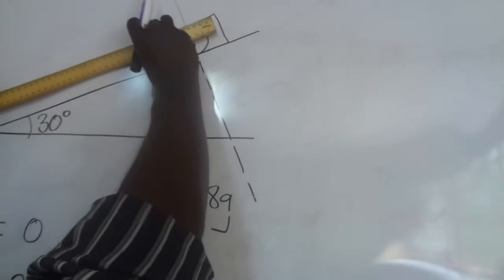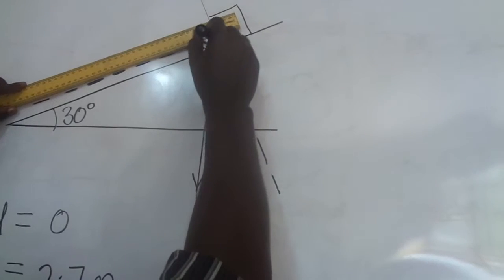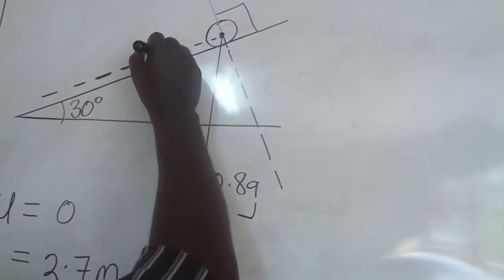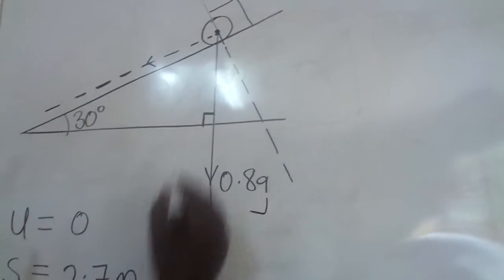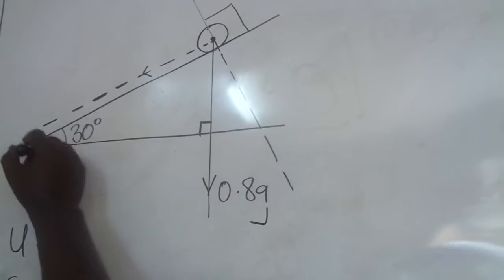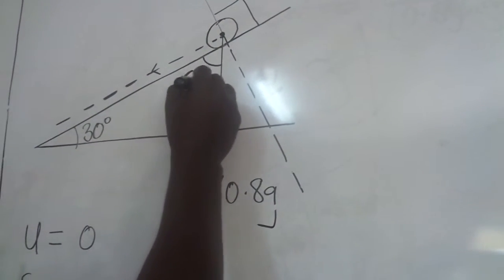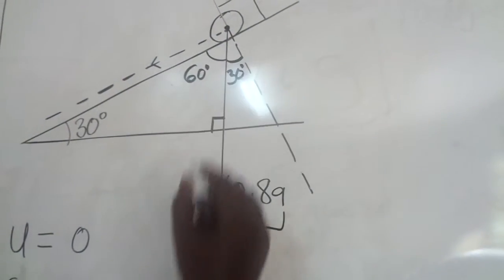The weight also has a component along the plane, represented by dotted lines in this direction. This angle is 90 degrees because this is a right angle triangle, which makes this angle 60 degrees, meaning that this angle would be 30 degrees.